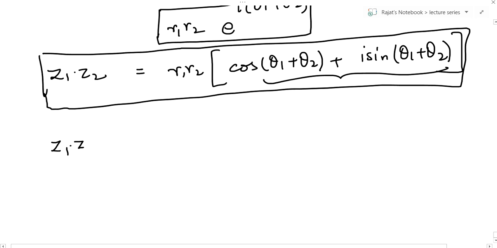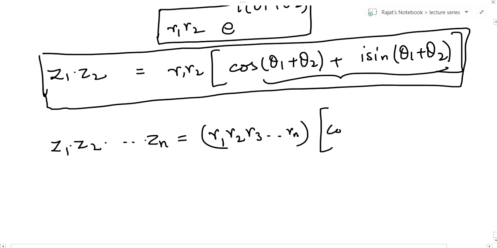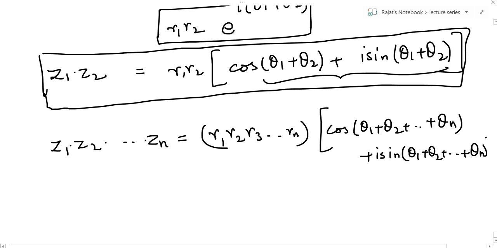If I have z1, z2, up to zn complex numbers, the answer will be r1 r2 r3 up to rn into cos(theta 1 plus theta 2 plus up to theta n) plus i times sin(theta 1 plus theta 2 plus up to theta n). This will be the answer.